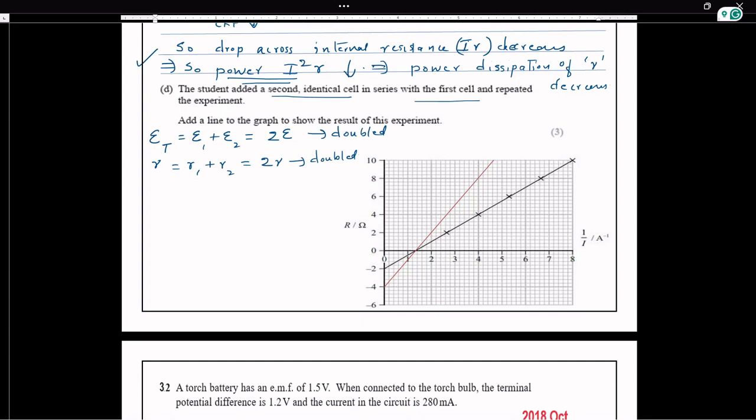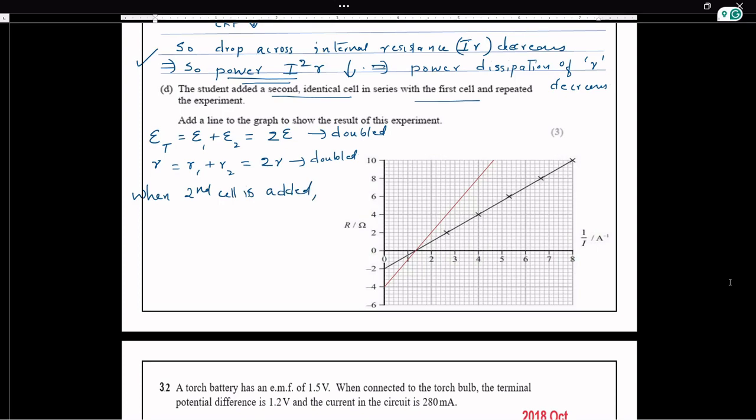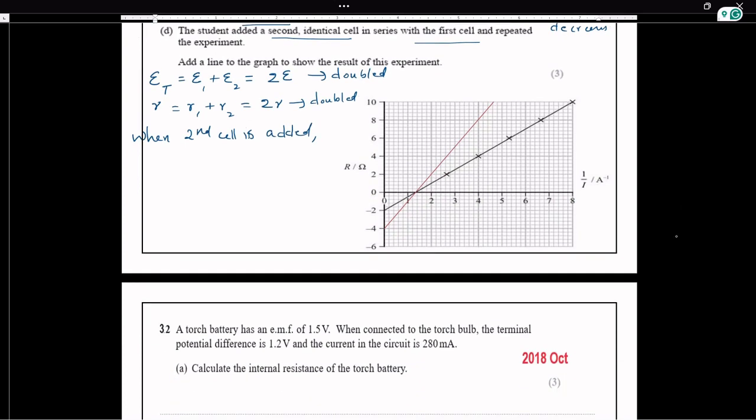So, from the previous question, we can say that when the second cell is added, the EMF becomes 2 times the EMF of the previous value. Previously the EMF was 1.5.